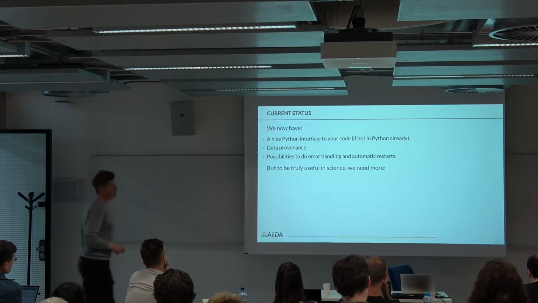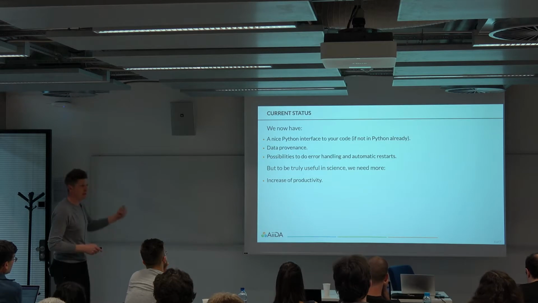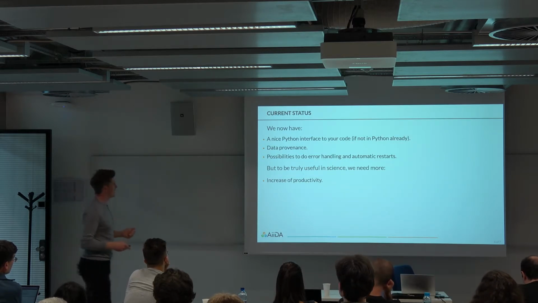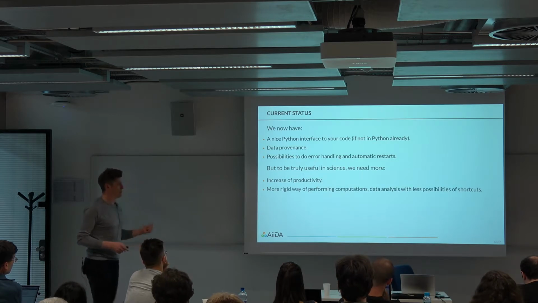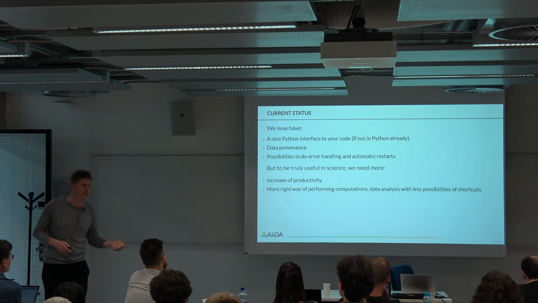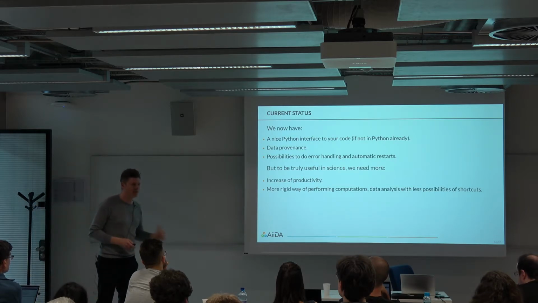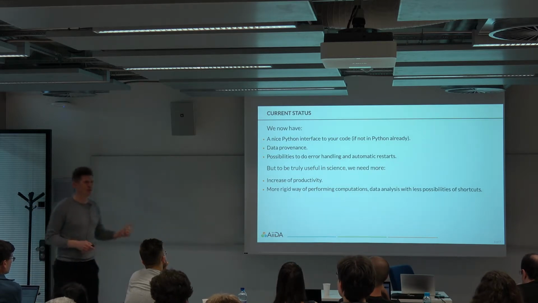But to be truly useful in science, we need to do more. So we need to increase productivity, and that doesn't mean necessarily quantity, it also means quality. And we need a more rigid way of performing computations, data analysis, and a point that I find very interesting, there should be fewer possibilities of shortcuts. Scientists love shortcuts, and if they find one, they use it brutally.